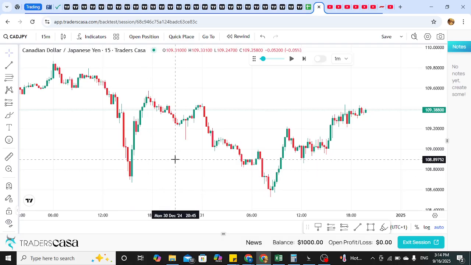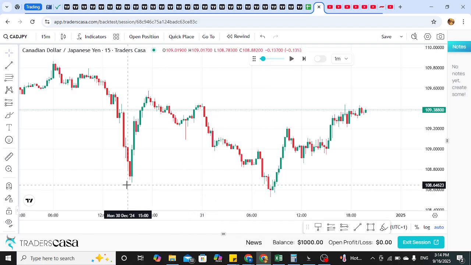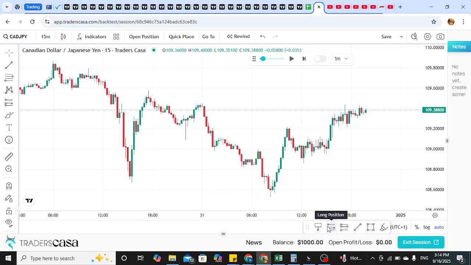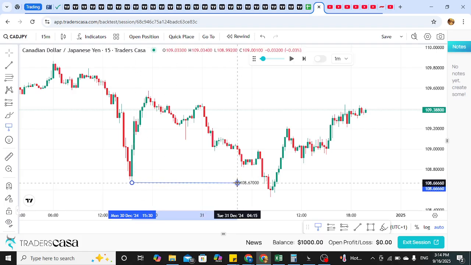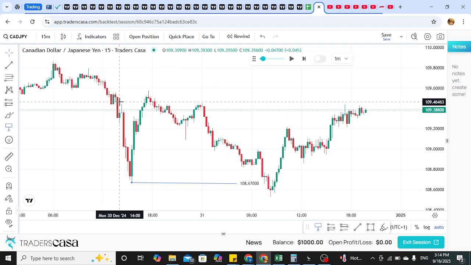So the first thing in this range, we find this bottom here. This bottom is intercepted by this. So if we take the line here, and this is the inducement, which I will talk about later, but let's put it here.